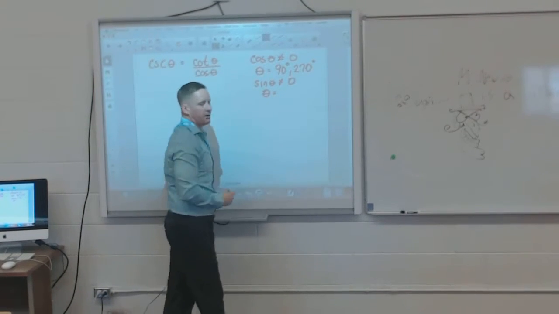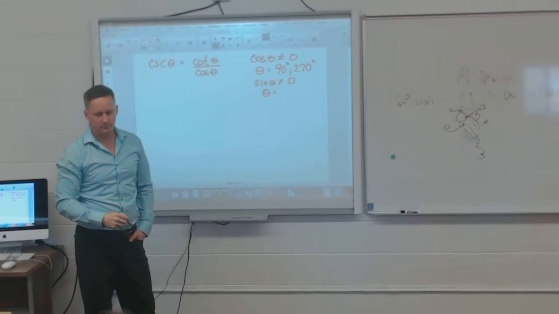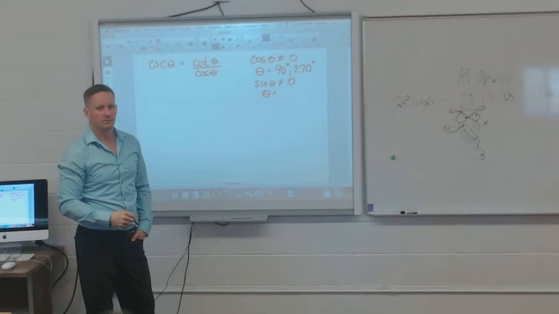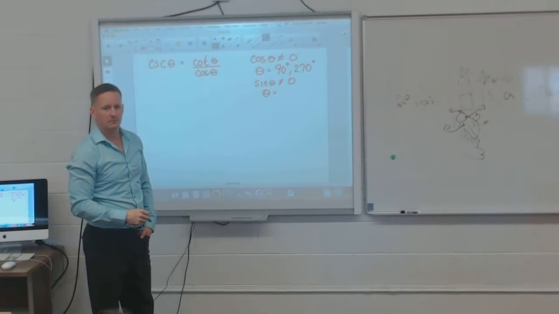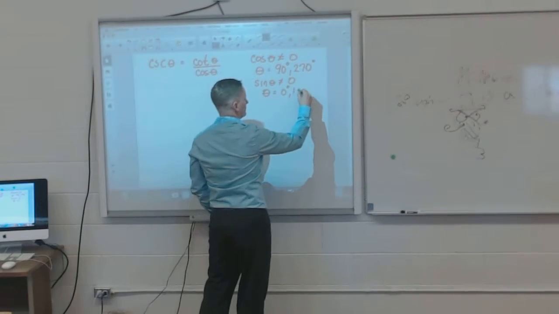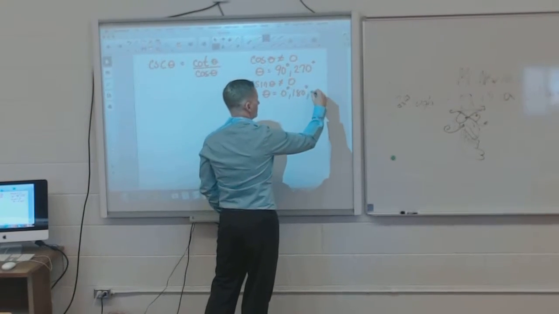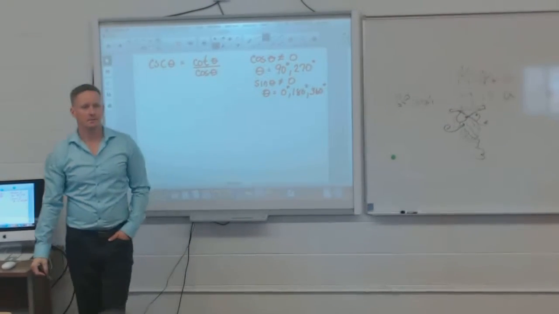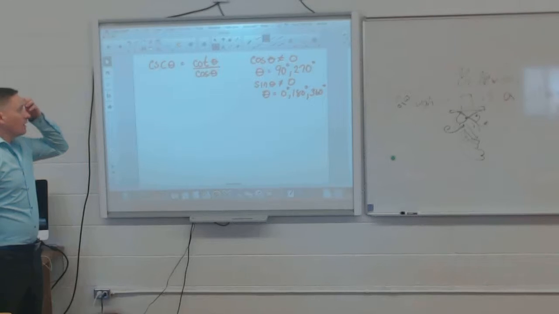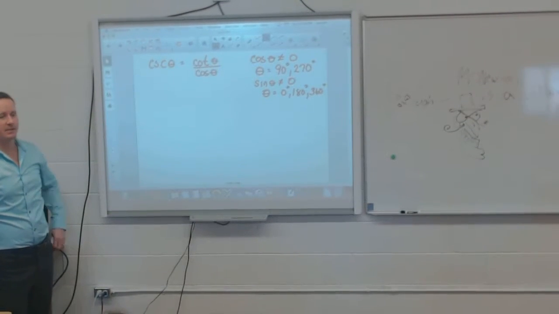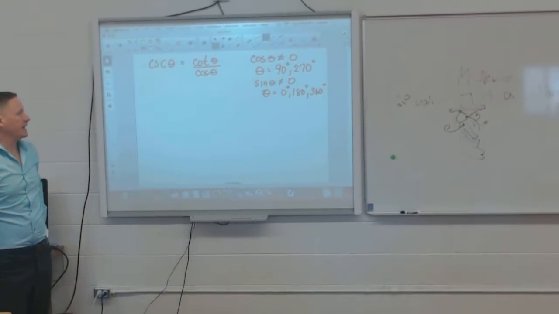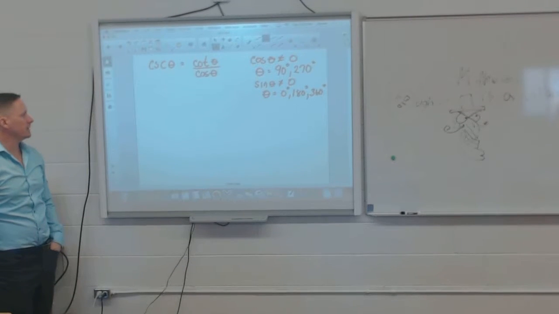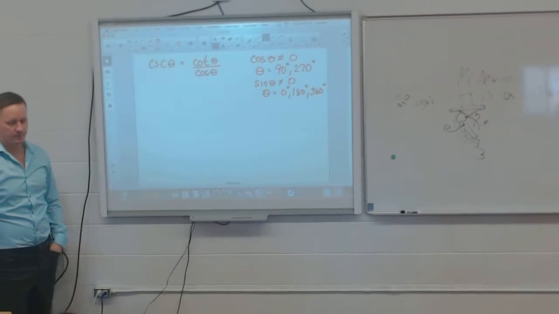So what else can theta not equal? 180. So therefore, my non-permissible values, the first things that I write out: theta can't equal 90, 270, 0, 180, or 360.